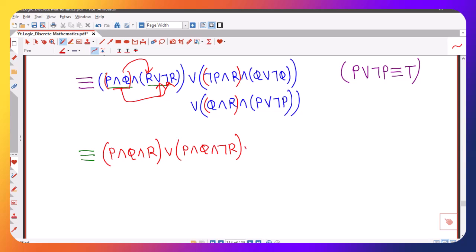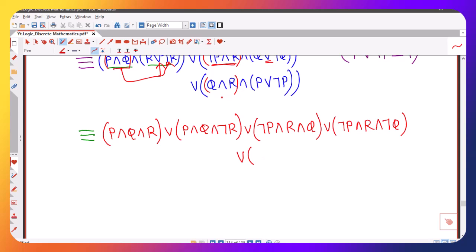Same thing we do for the second bracket. We apply the distributive law: negation p and r and q, or operator in between, negation p and r and negation q.